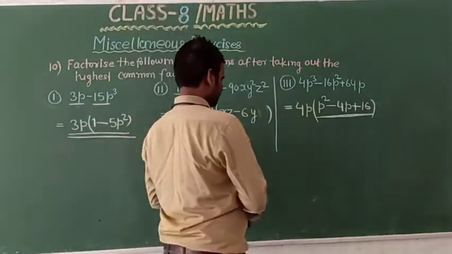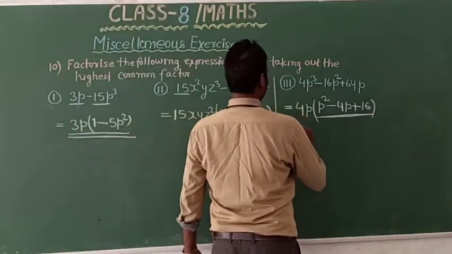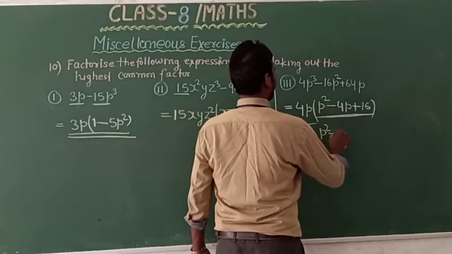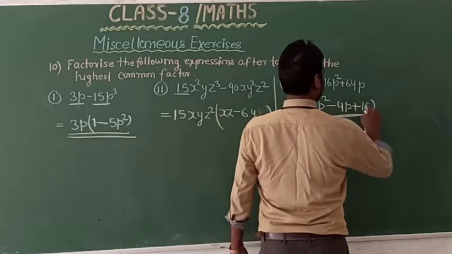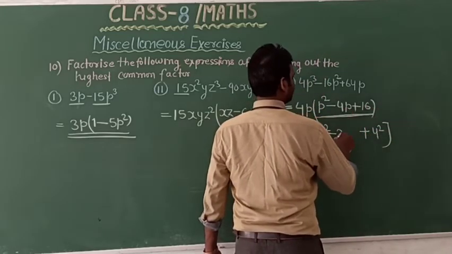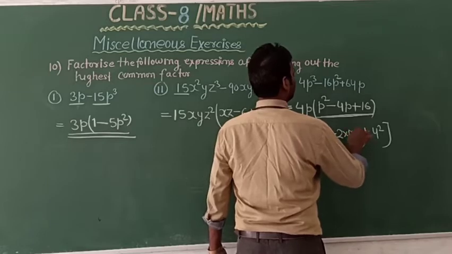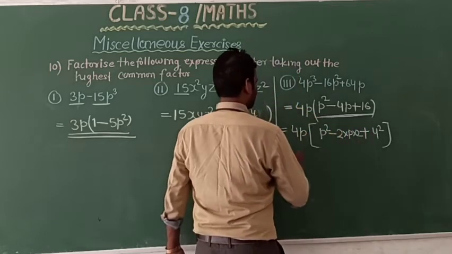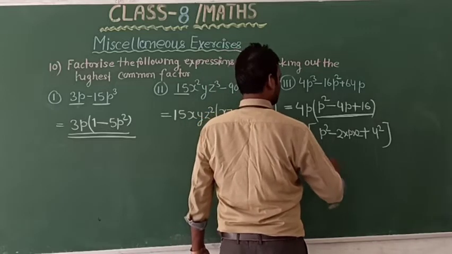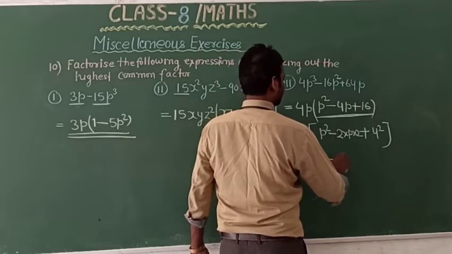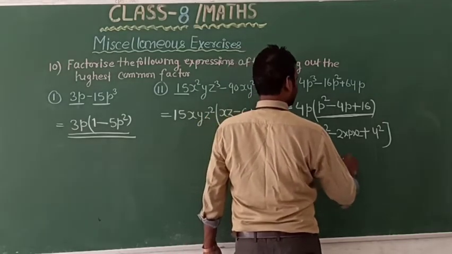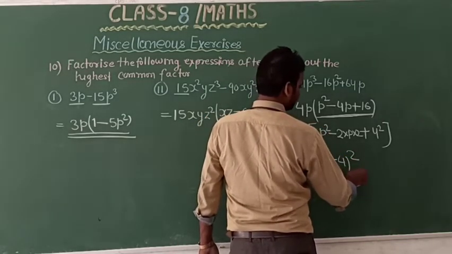So this is written as p square, and this is 4 square, and the middle term can be written as the product of 2 into p into 4, so this becomes 4p, equal to inside bracket p minus 4 whole square. Okay.